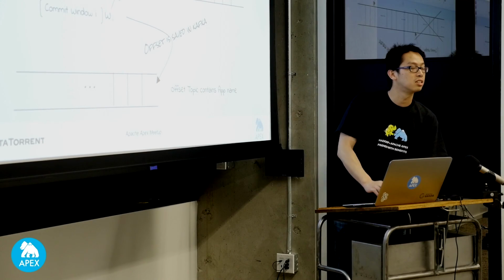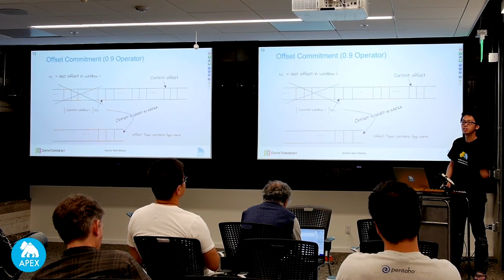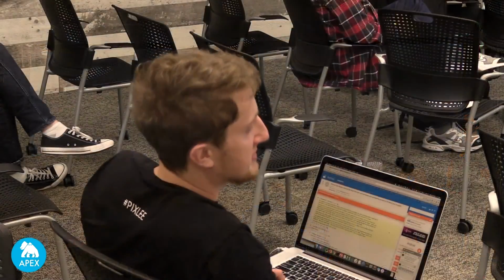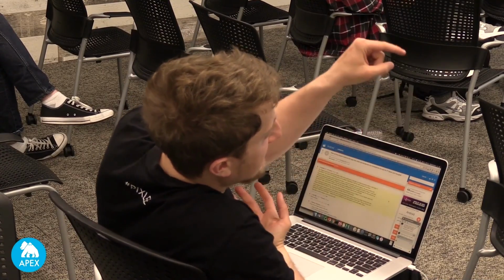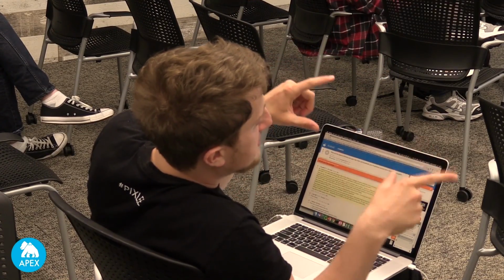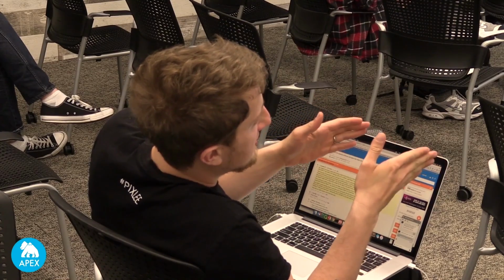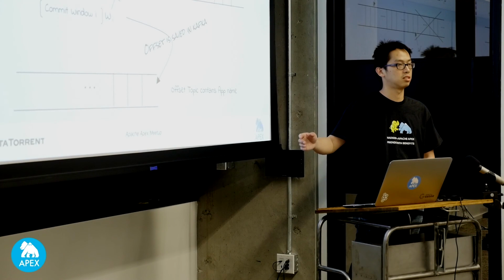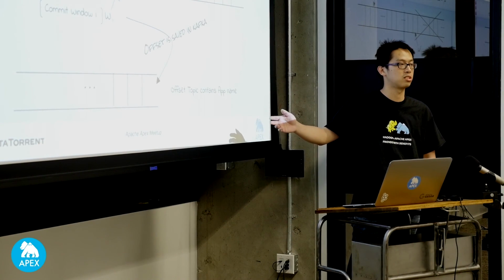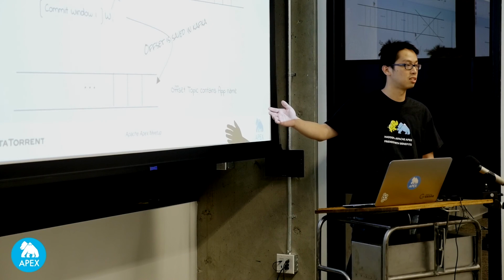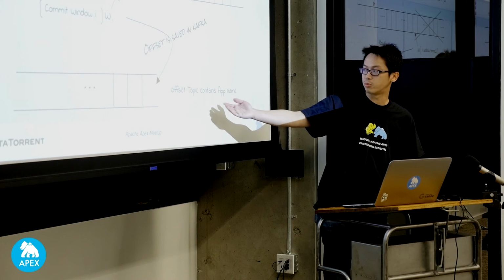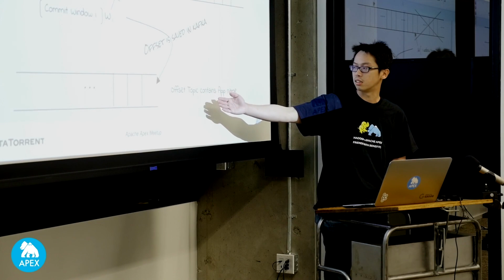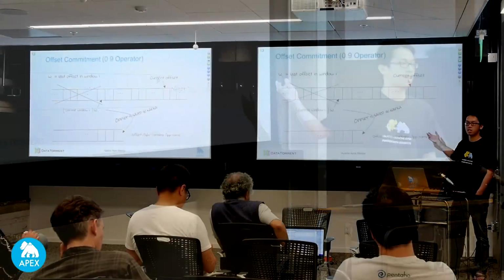Question: what happens if the topic you're saving the offset to goes down? Because Kafka itself can go down, right? Kafka usually has replication for topic data. So if the broker that holds this topic data goes down, then a backup will pick up.